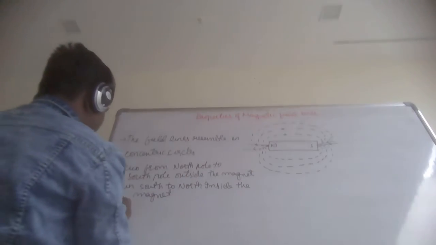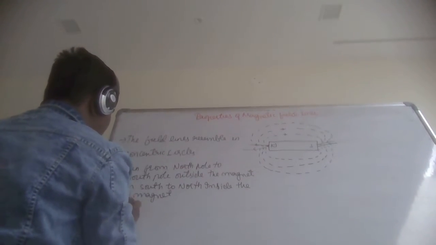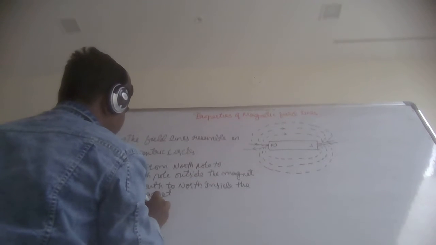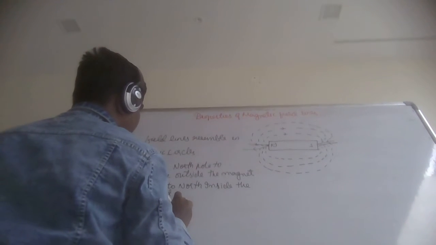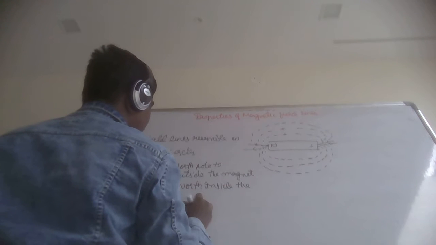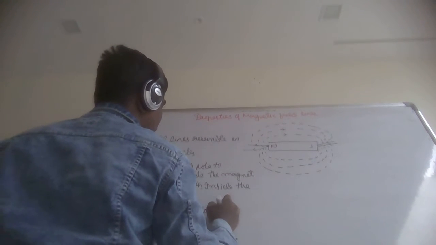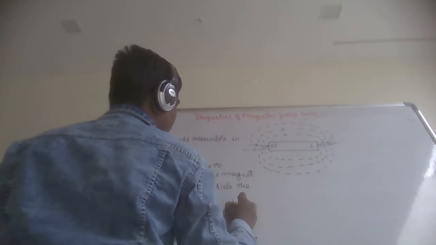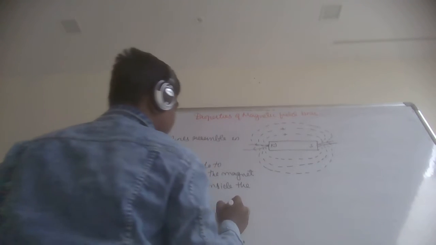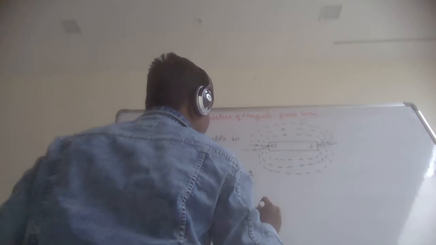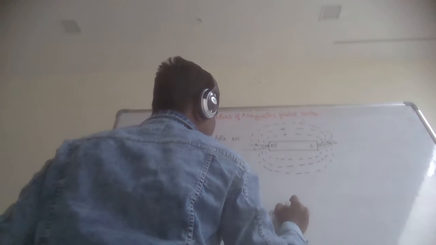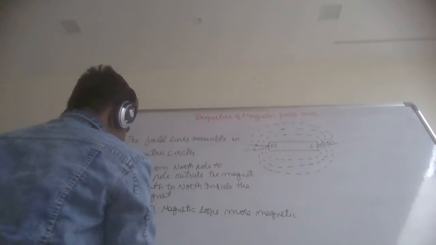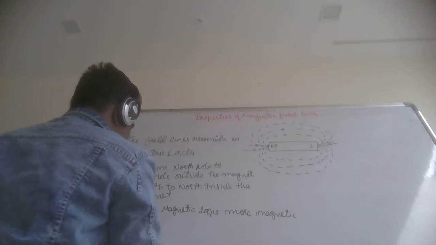So, more magnetic loops mean more magnetic field.